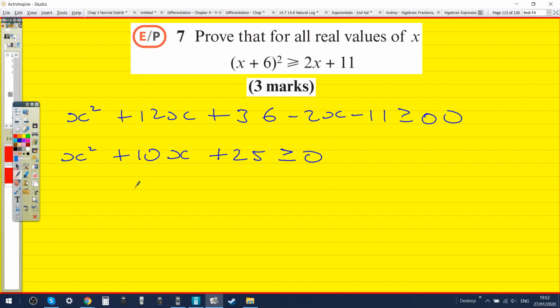Factorize. Well, that should be x plus 5, x plus 5.